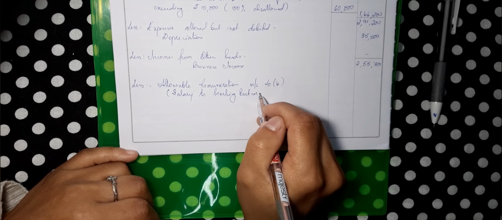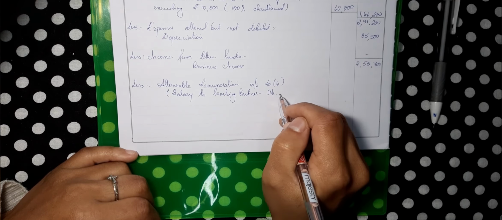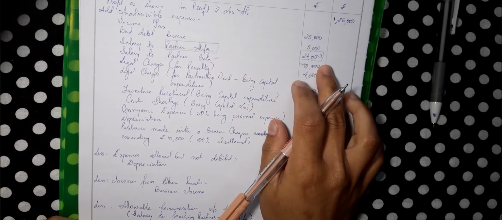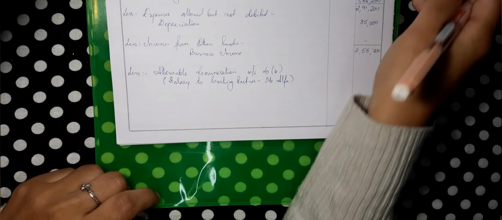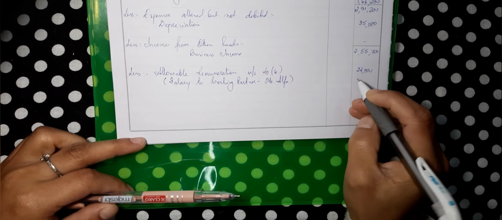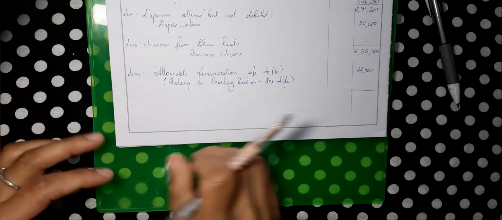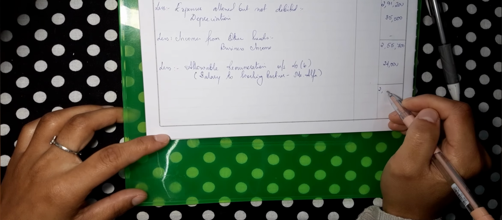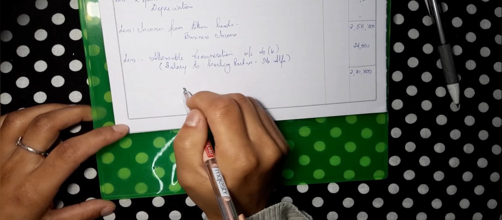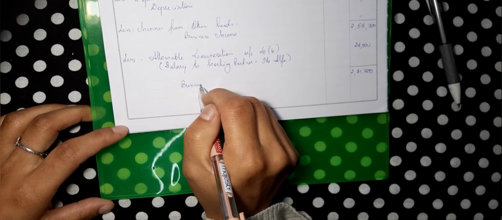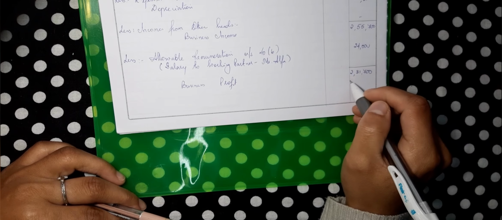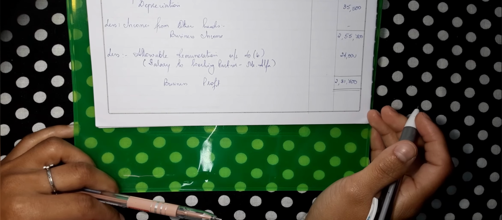And in this situation, our working partner is Mr. Alpha. So salary of Mr. Alpha, which is rupees 24,000, that will be allowable as a deduction. So rupees 24,000. Okay, so now whatever balance you're getting after deducting all this amount, rupees 2,31,700, this amount will be termed as the taxable business profit. This amount is the amount on which tax is going to be paid by the partnership firm.